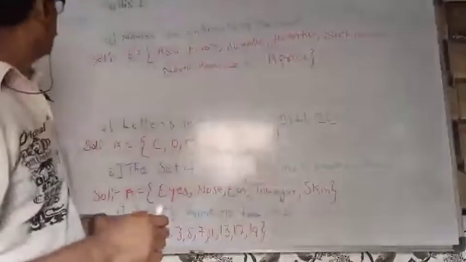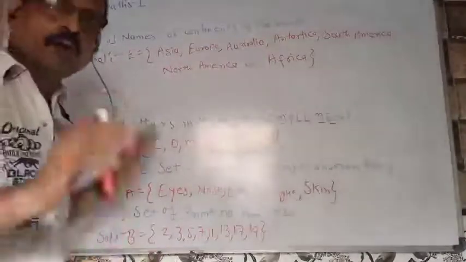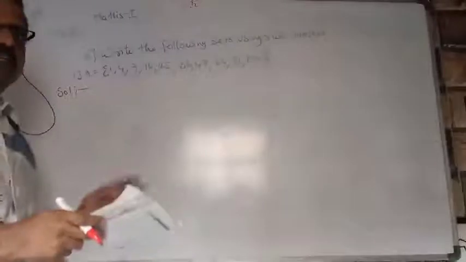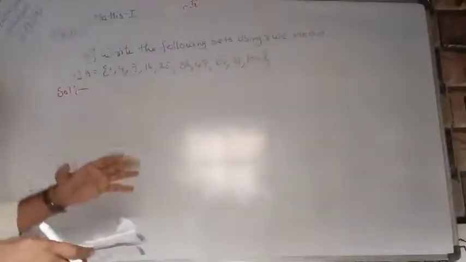Okay, we are doing the last sums. Hello students, we are doing problem set 1.1, last question in your textbook. Question number 5: Write the following set using rule method.